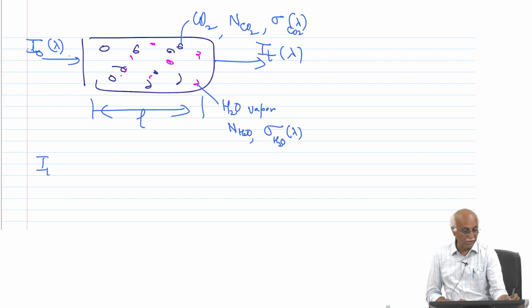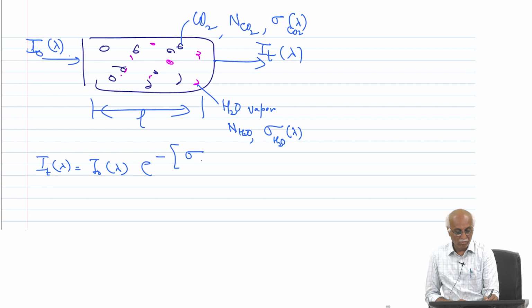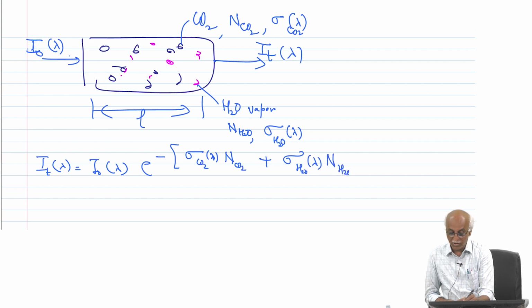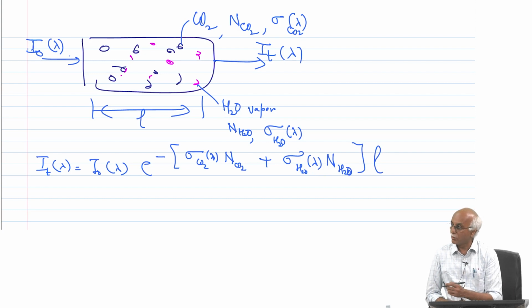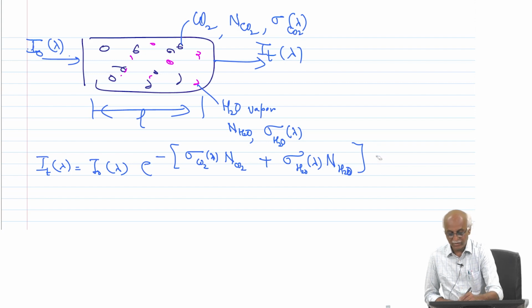So, the overall transmitted intensity is a combination of exponent of minus sigma of CO2 corresponding to the wavelength lambda into concentration of CO2 plus sigma of H2O corresponding to the wavelength lambda into concentration of H2O, into L will be the case, is it not, for transmitted. Is it okay, is it fine? And if I consider even scattering on top of this, this formulation will be slightly different.